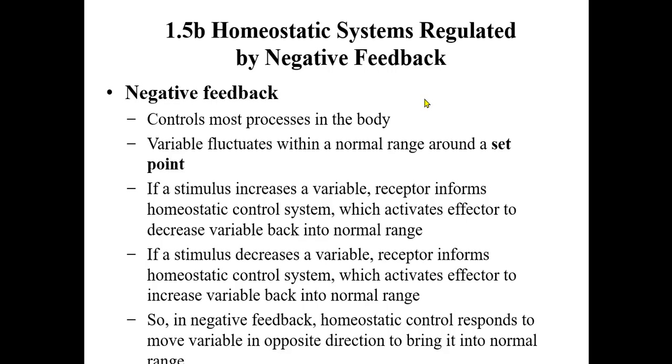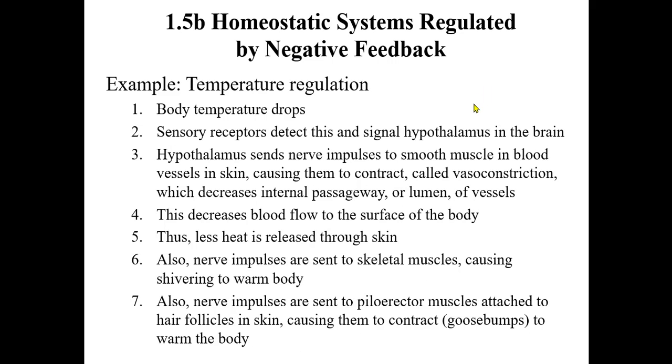So it decreases the effect, it undoes the effect over time. Most situations are actually negative feedback. The textbook gives an example of your body temperature. That's a negative feedback.